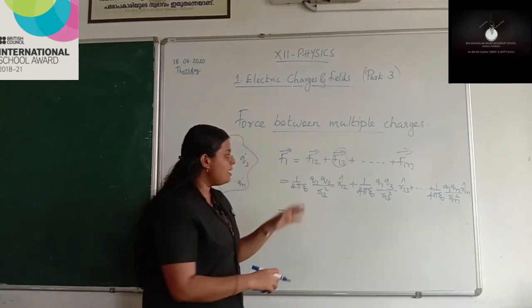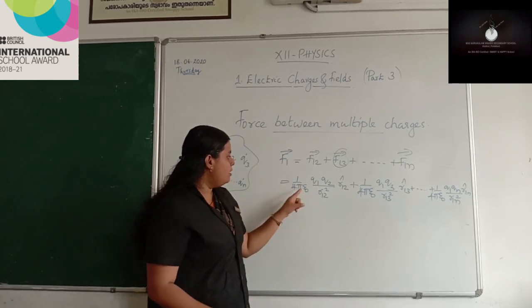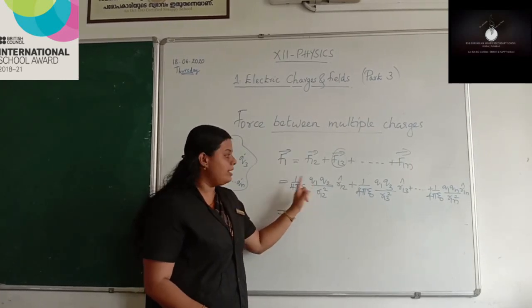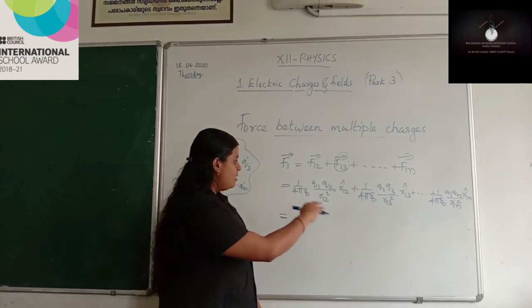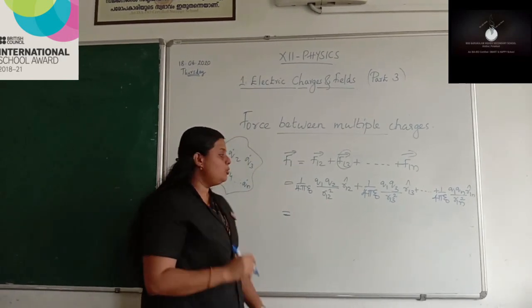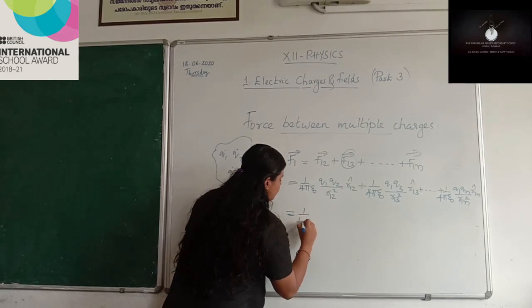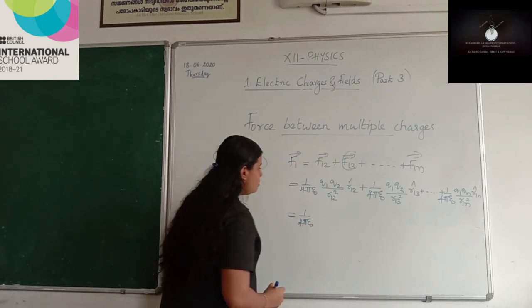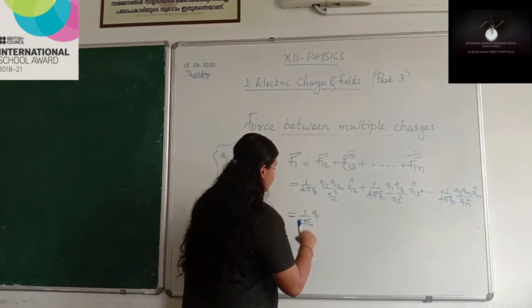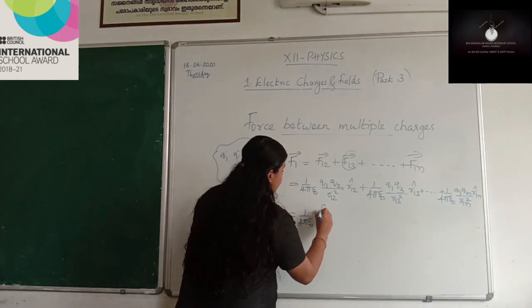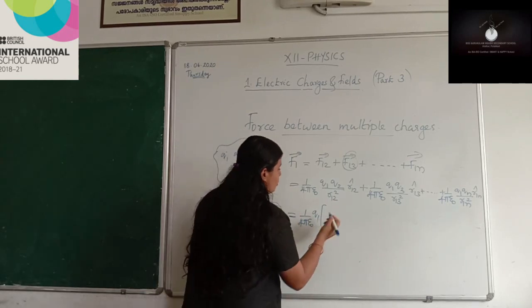Now we can rewrite this equation, because 1 by 4 pi epsilon 0 Q1 is a common term. So we can bring this equation into a reduced form. That is a common term, so we can take it outside: 1 by 4 pi epsilon 0 Q1.